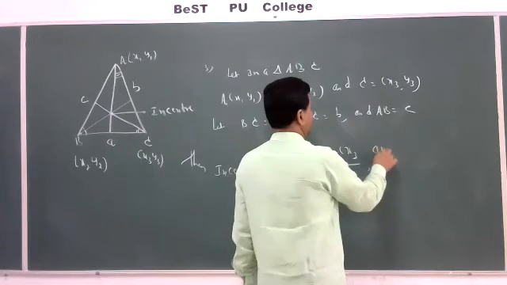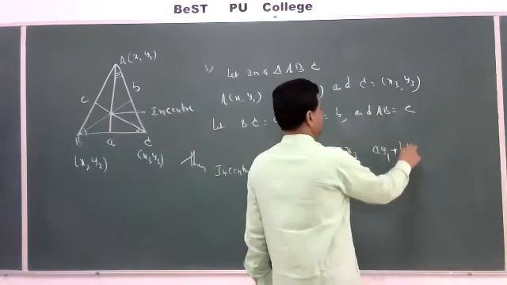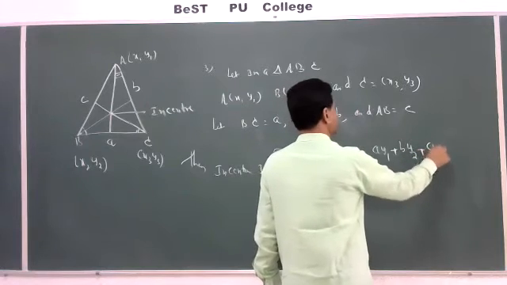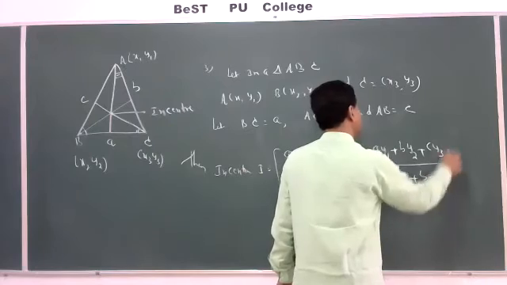Next, the y coordinate: (a y1 + b y2 + c y3) / (a + b + c).